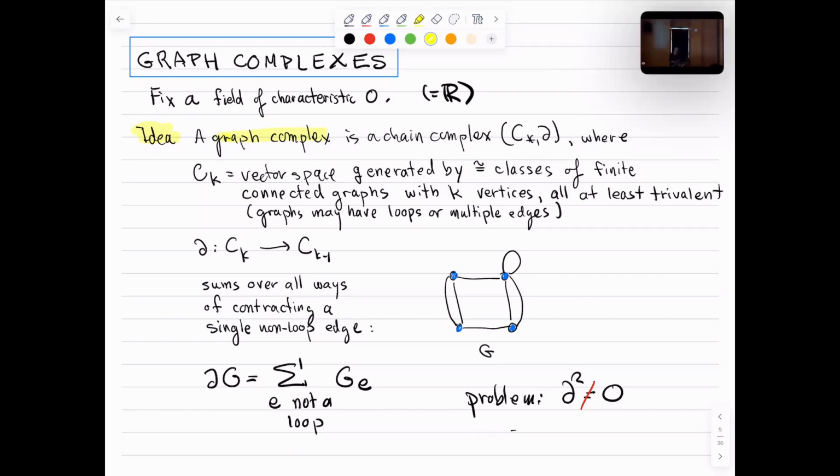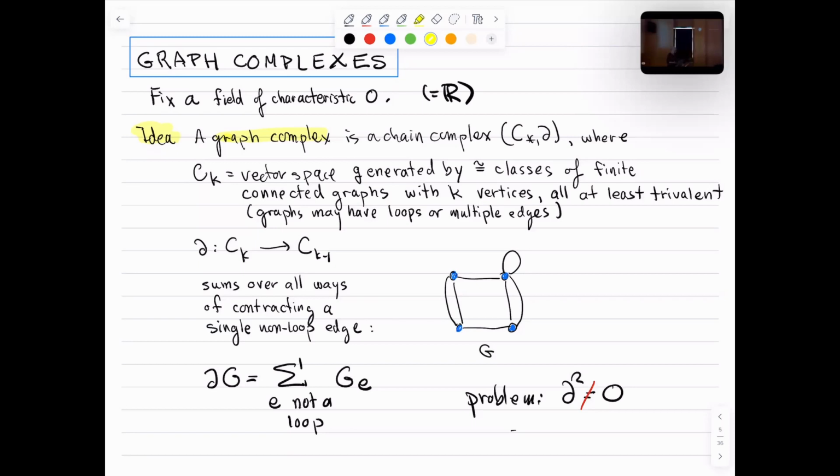By a graph, I mean something as in this picture down here, with blue dots as vertices and edges. I could have multiple edges between vertices, and I can have loops at vertices. And I want a boundary operator, so that's a generator of chains.